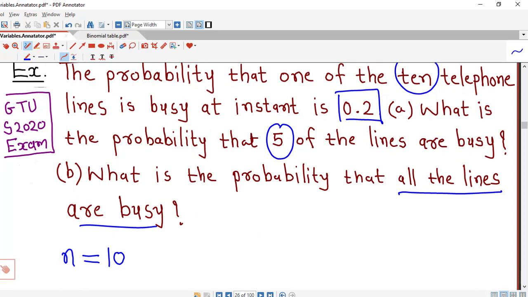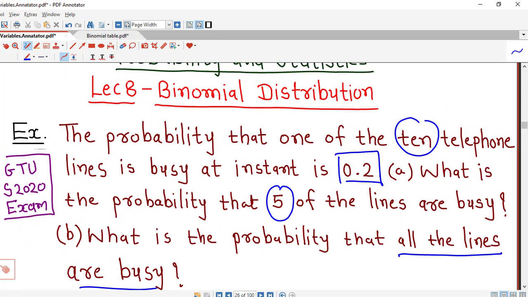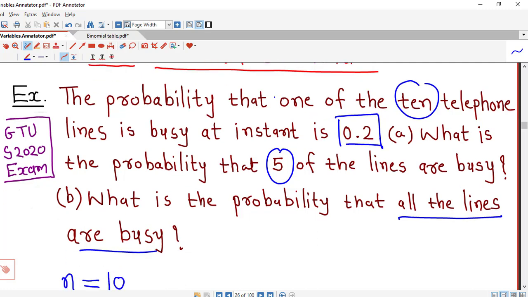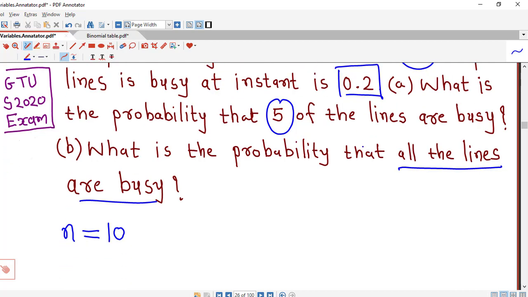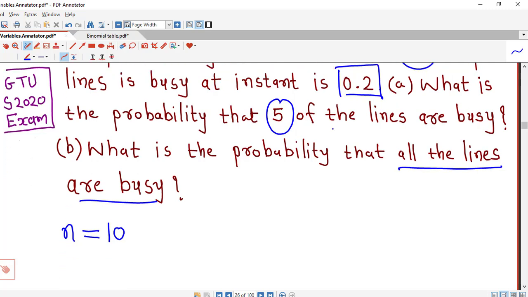And these 10 telephone lines are independent. That one telephone line is busy does not depend on the remaining telephone lines. And it is given that the probability that one of the 10 telephone lines is busy at an instant is 0.2. So this probability remains constant for each telephone line.